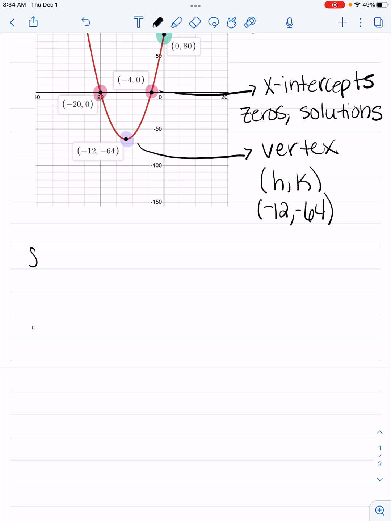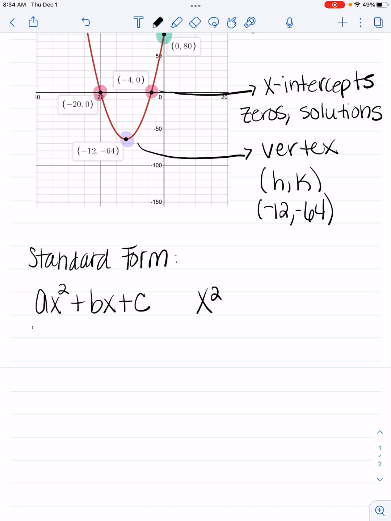The first one is standard form. Standard form is ax squared plus bx plus c. So if I were to just make up an equation, I would say x squared plus 24x plus 80. Okay, this is my pretend equation today.